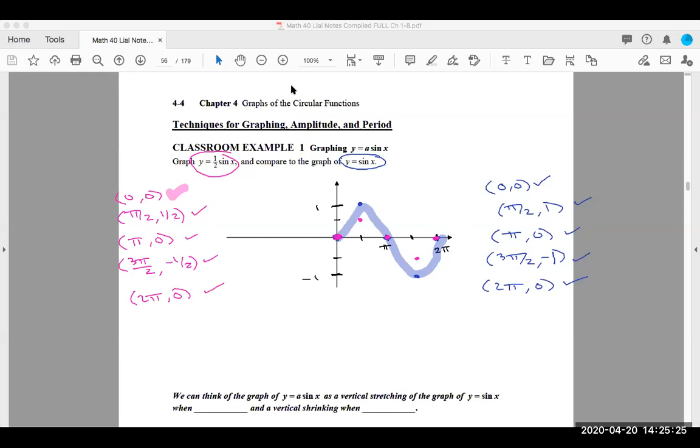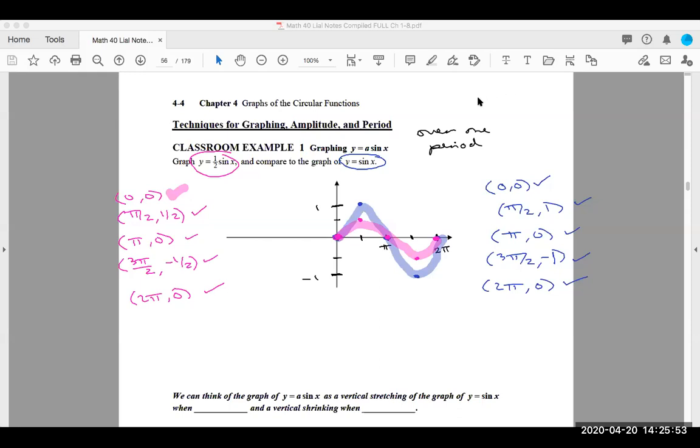Okay, so for that particular curve, it looks something like that. Okay, emphasizing that this is over one period.